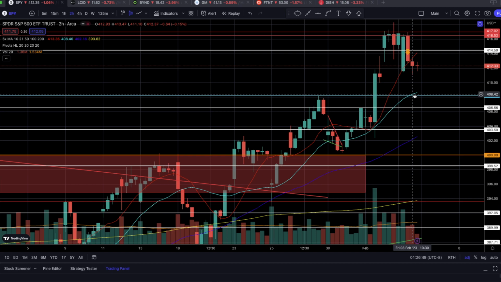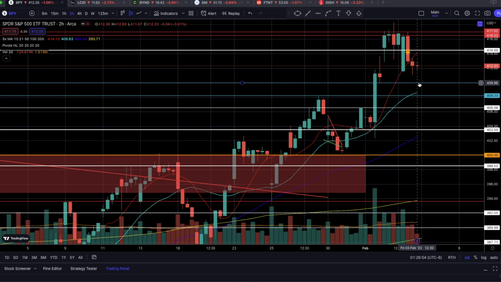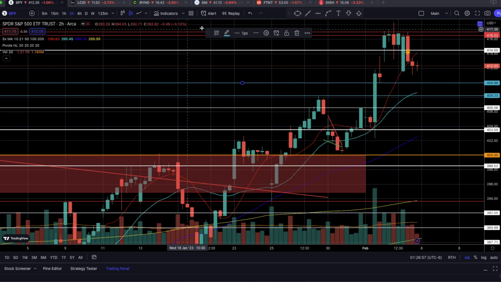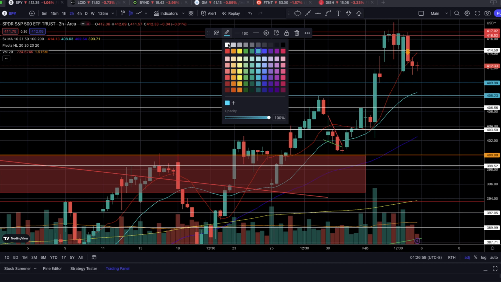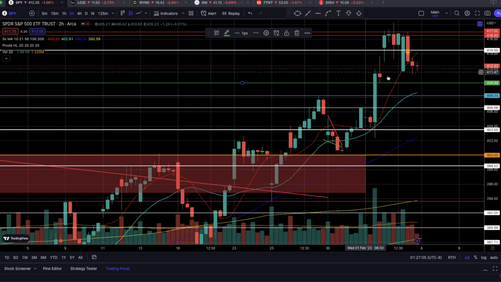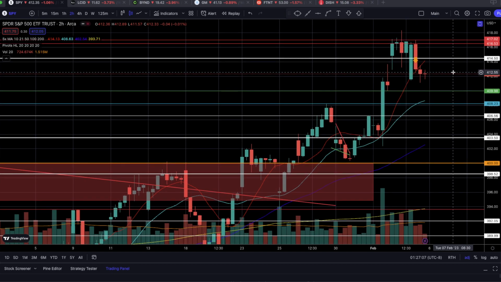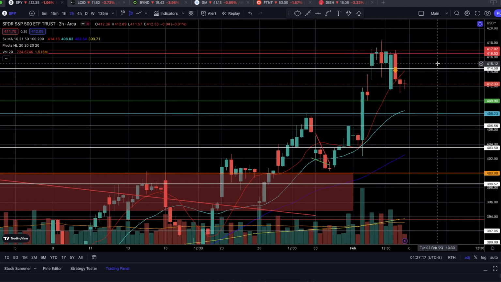And if we decide to stick around 410 for quite some time, that will also allow the 2-hour 21 SMA to eventually catch up to the price, and we can see a nice bounce from that point forward. And once we're able to see that bounce, we can see another revisit back to around 414 to 414.50, and possibly we can see a continuation to the upside and another retest into that heavy area of supply between 416.50 to 417.